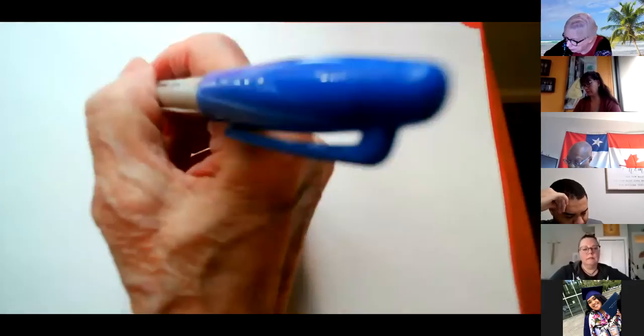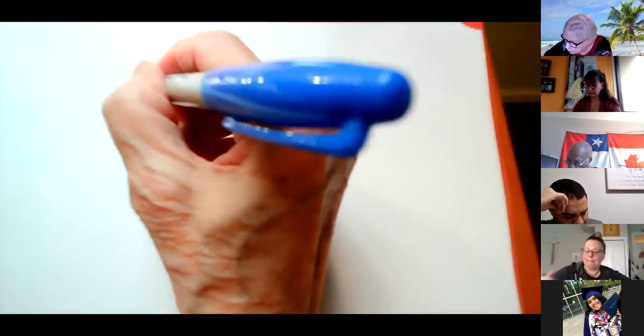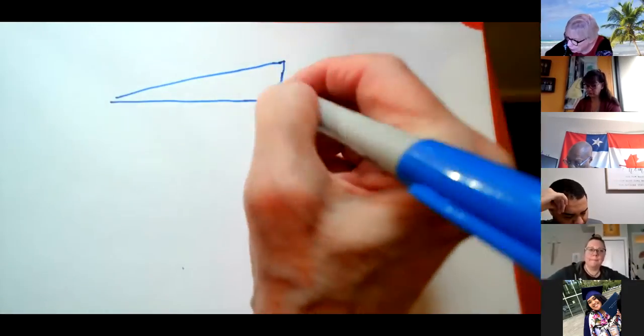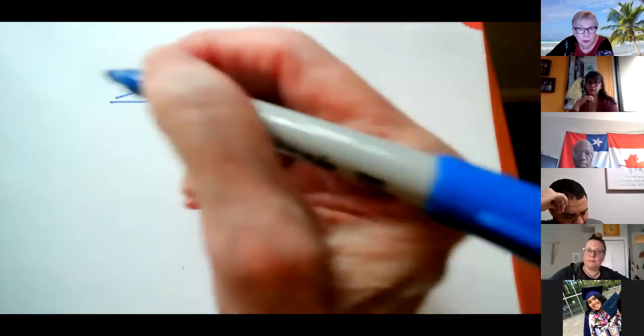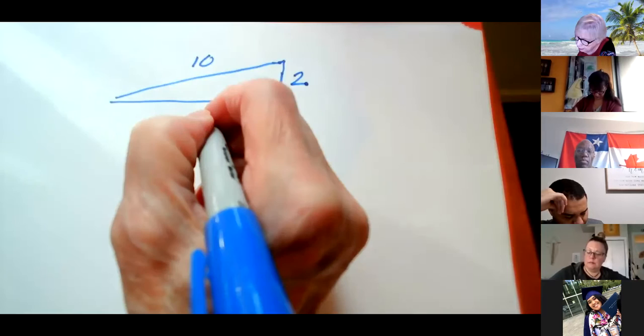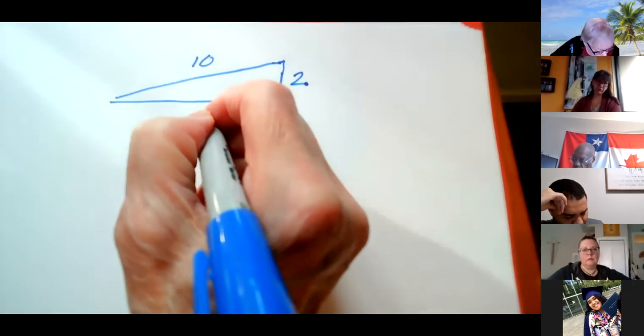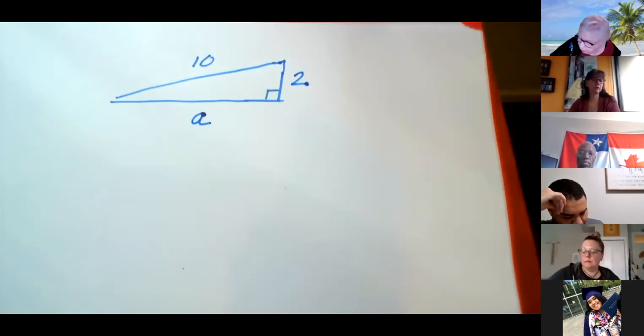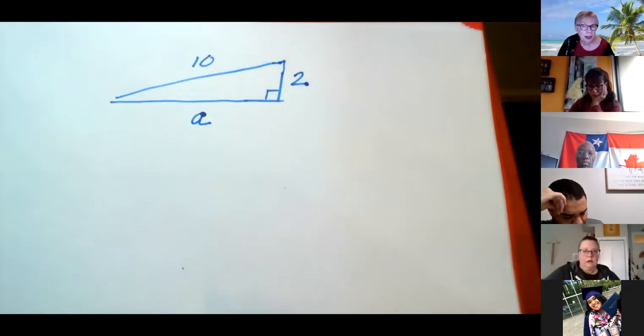Now, if for some reason it's not a perfect square, and I'm seeing one right now, and I know it's not a perfect square. So this again, even though I've turned the triangle around, nobody cares. This one is 2. This one is 10. And this one, they call it A. Can you see how this is slightly different?